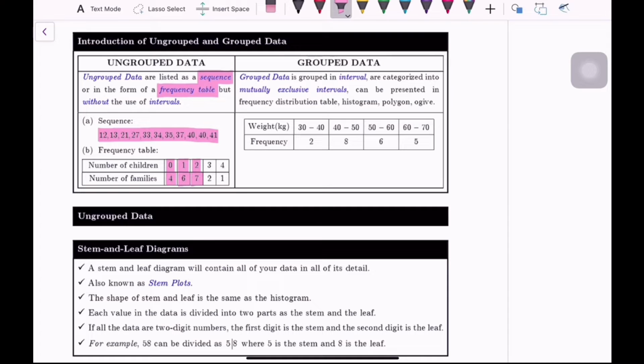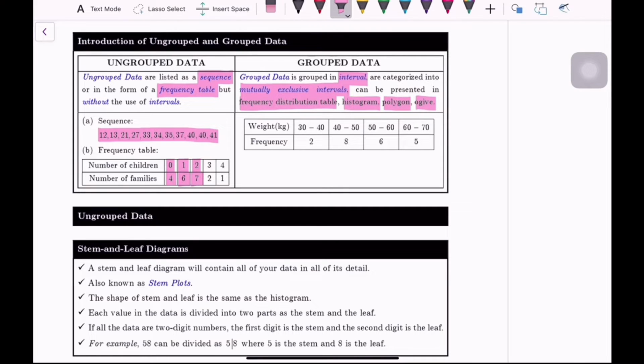For group data, is grouped in interval, are categorized into mutually exclusive interval, can be presented in a frequency distribution table, histogram, polygon, and or ogive.